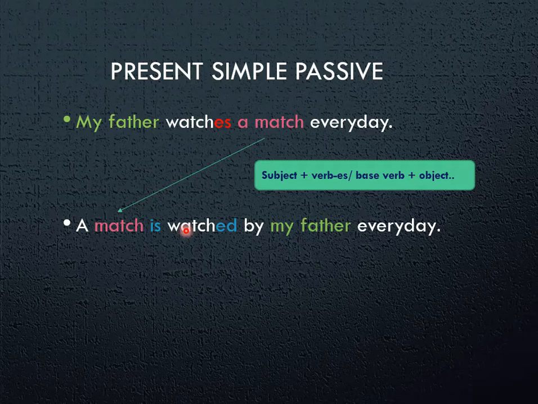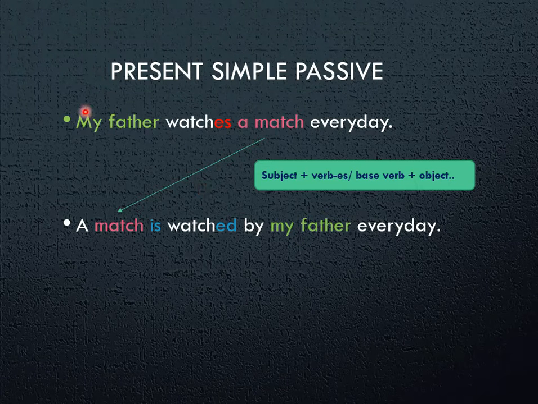The most important point here is to write the verb be as a helping verb before the past participle. If you would like to add the doer of the verb, you should precede it with the word by, then you should write the subject as you see here.